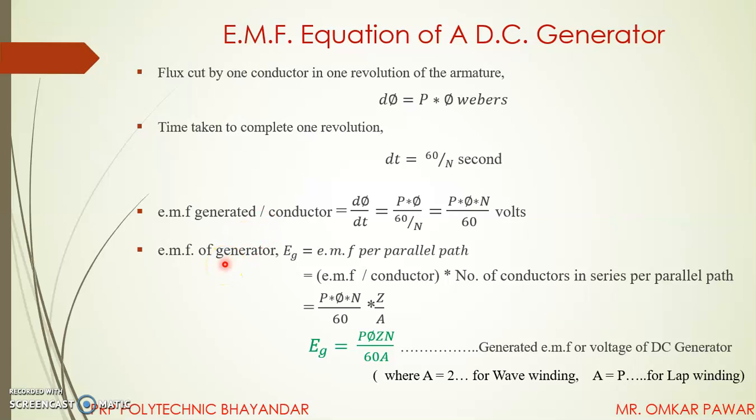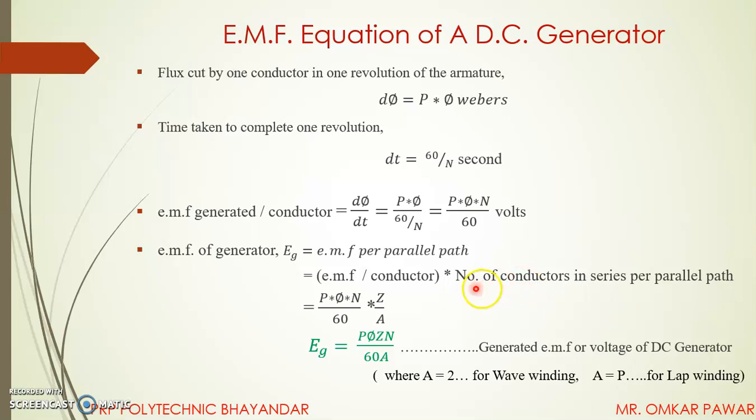So there are a number of conductors connected in series per parallel path. So the EMF generated EG is the EMF per parallel path. So the EMF per parallel path is equal to EMF per conductor into the number of conductors in series per parallel path.